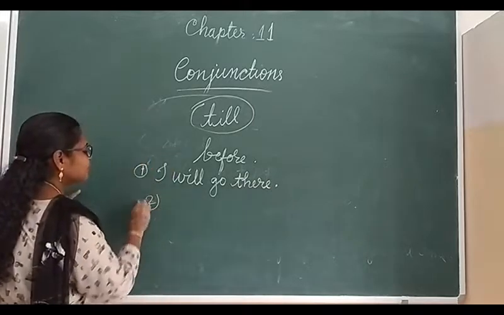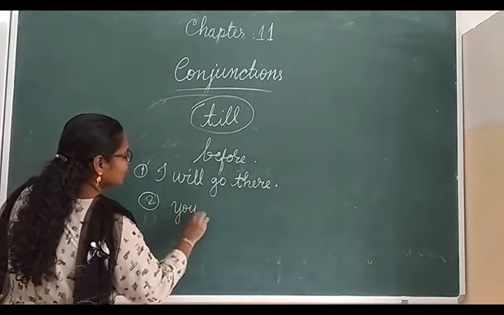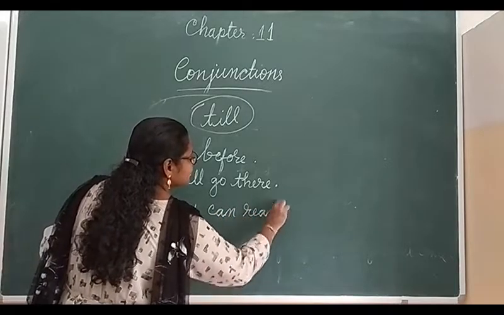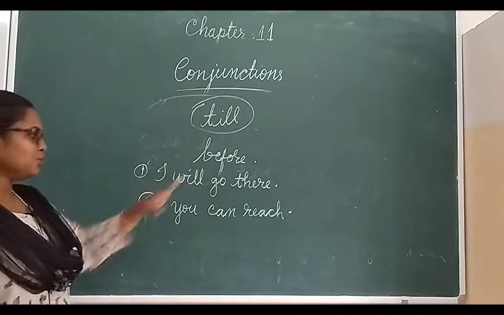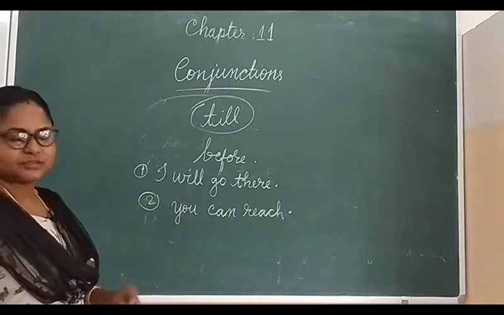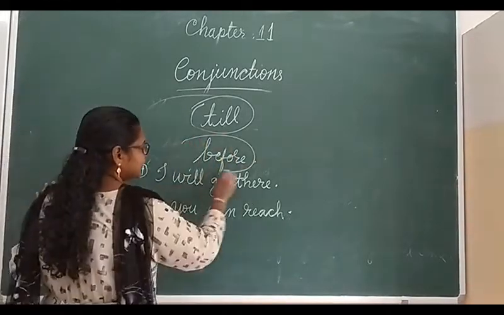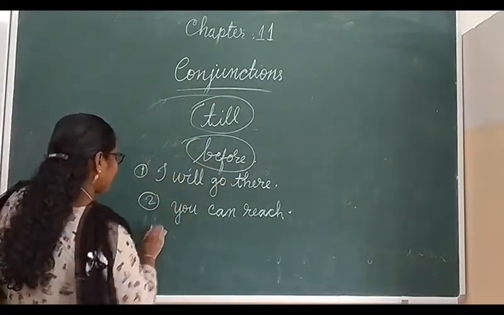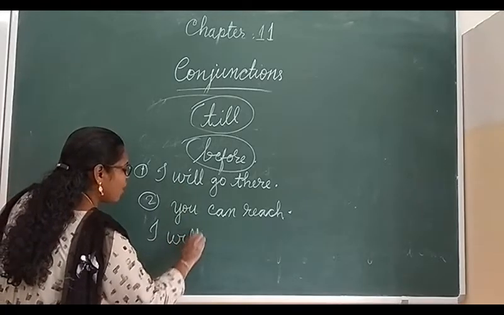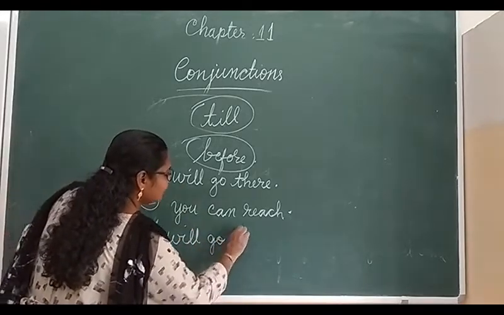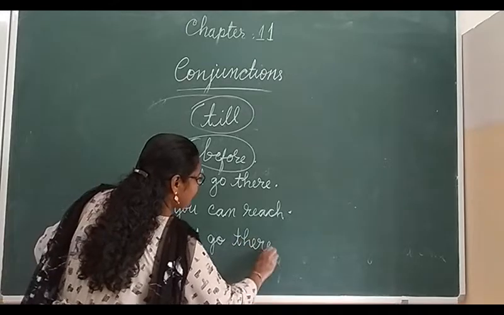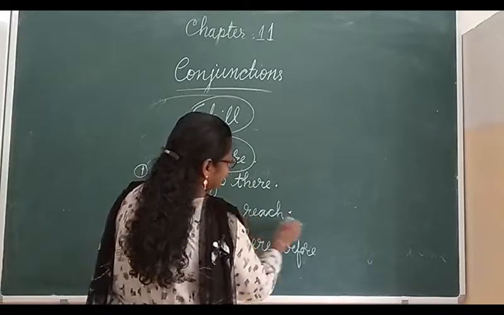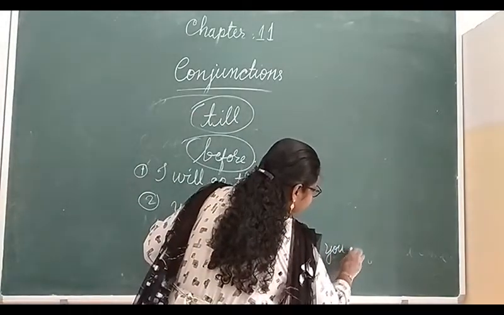And second one: you can reach. I will go there. You can reach. Then we can combine these two sentences using the conjunction "before." I will go there before you can reach.